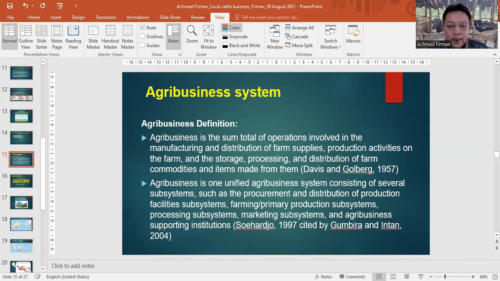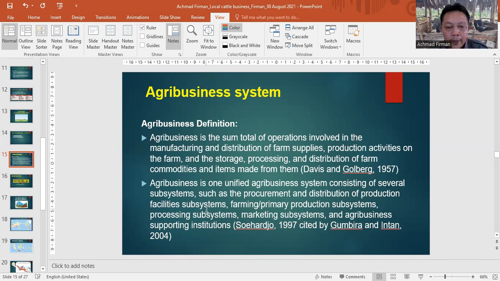Agribusiness is the sum total of operations involved in the manufacturing and distribution of farm supplies, production activities on the farm, and the storage, processing, and distribution of farm commodities and items made from them. This is cited from Davis and Goldberg, 1957.